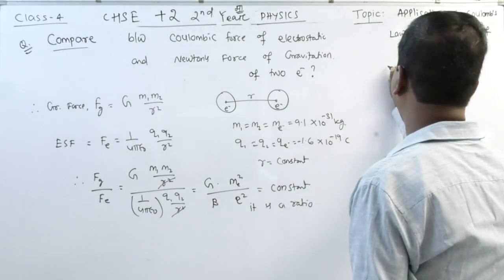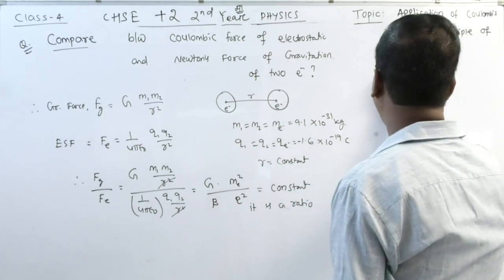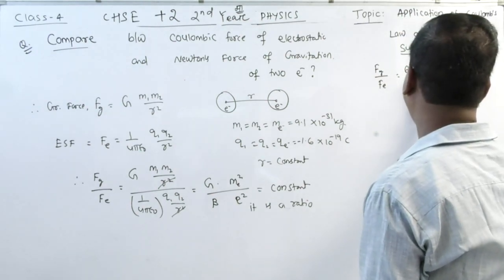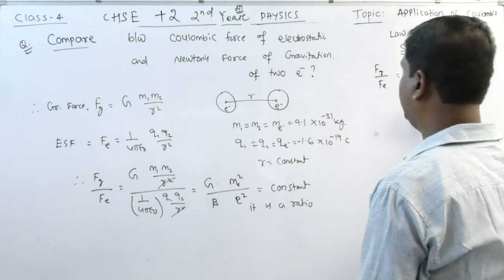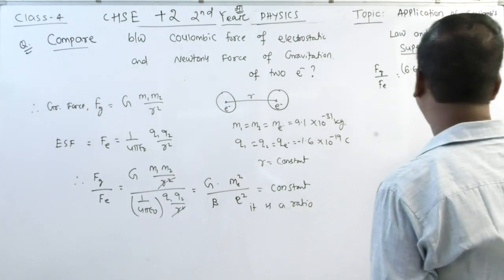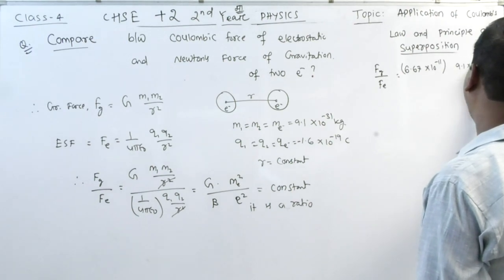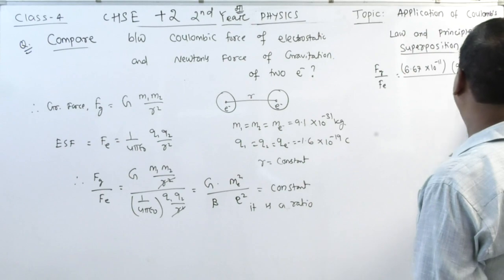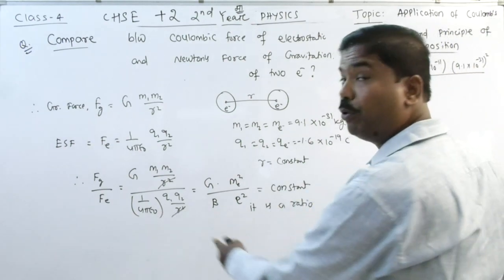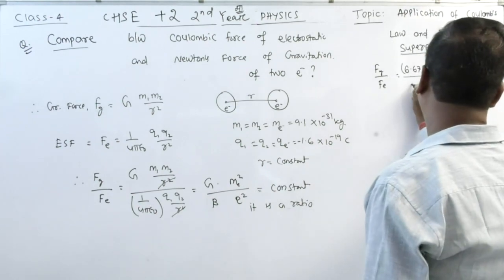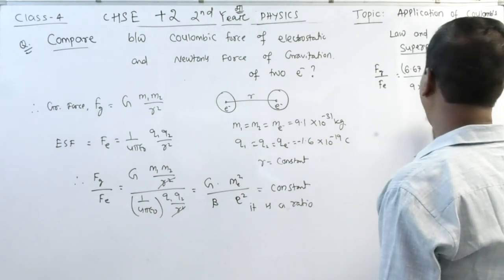The value of Fg by Fe. The value of G is 6.67 into 10 to the power minus 11. Mass of electron is 9.1 into 10 to the power minus 31. The Coulomb constant 1 by 4 pi epsilon 0, how much is it? 9 into 10 to the power 9.